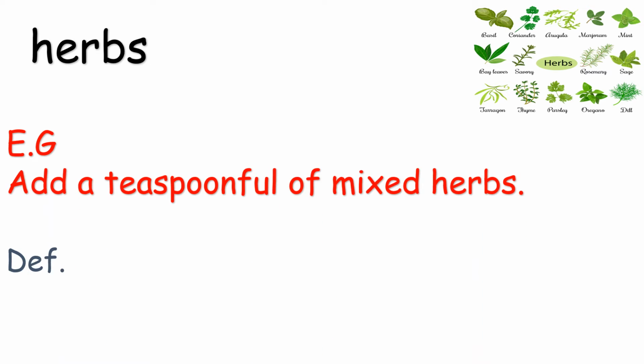Before we start part 1, pages 68 and 69, now look at the picture and try to guess the word. Okay, the word is herbs. Let's read the example first. Add a teaspoonful of mixed herbs.